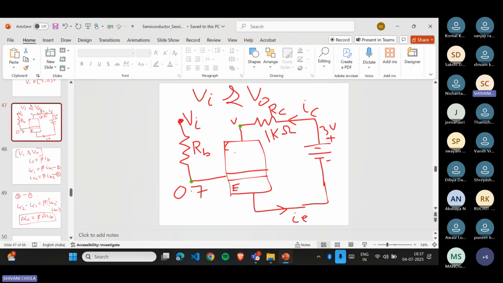So can anyone tell me the relationship between VO, RC, IC, and this 3 volt? What will be the relationship between this part of the circuit? 3 volt, IC, RC, and let's call the potential at this point V output.